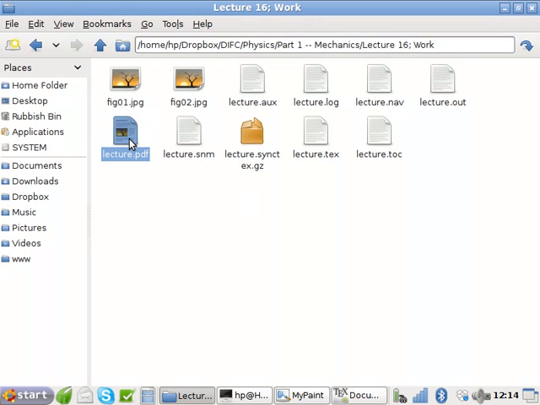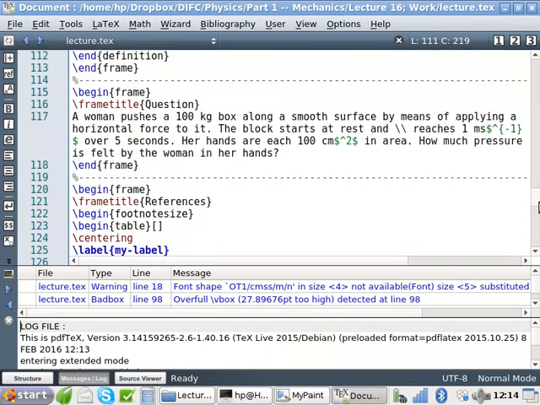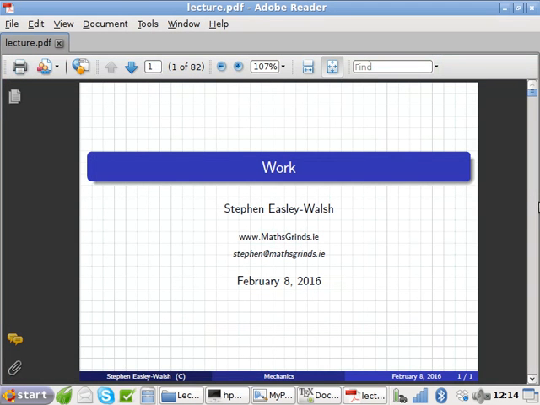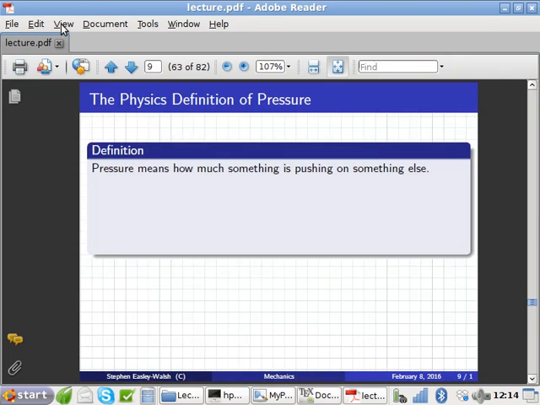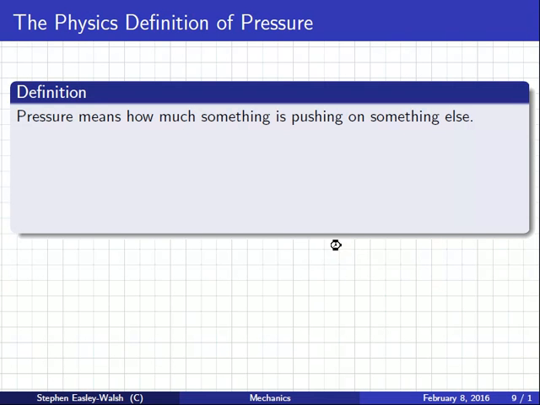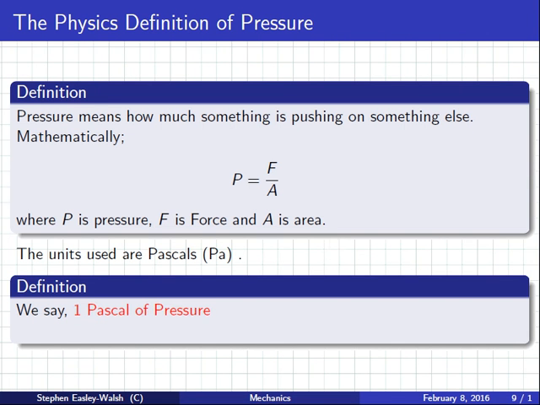Now it's fixed. Just one question, and then I can give you the homework, and then we can start the next lesson.